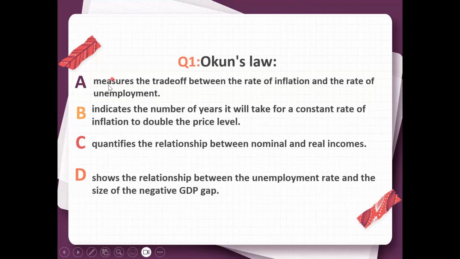The first statement says it measures the trade-off between the rate of inflation and the rate of unemployment, and this is not true, because it determines the relationship between the unemployment rate and the size of the negative GDP gap. Okun's law states that an increase in the unemployment rate by 1% will lead to a negative GDP gap of 2 to 3%.